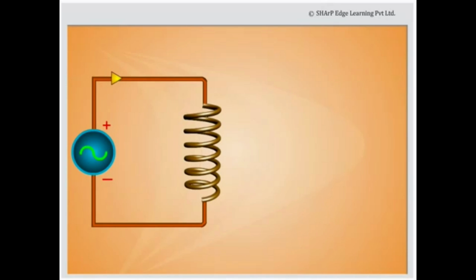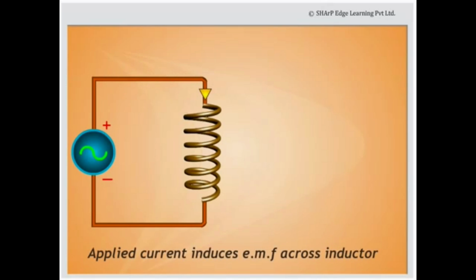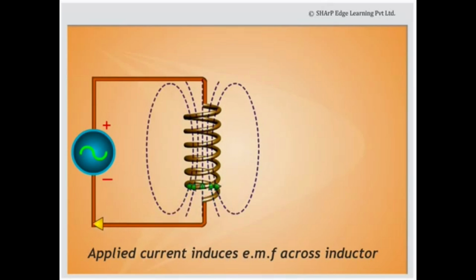Now, we are going to take the process of mutual inductance one step further. Suppose, instead of having two circuits, we have only the left circuit with the AC generator and the solenoid. The generator creates an alternating current, and the solenoid produces a changing magnetic field, just as before. But now look what happens.